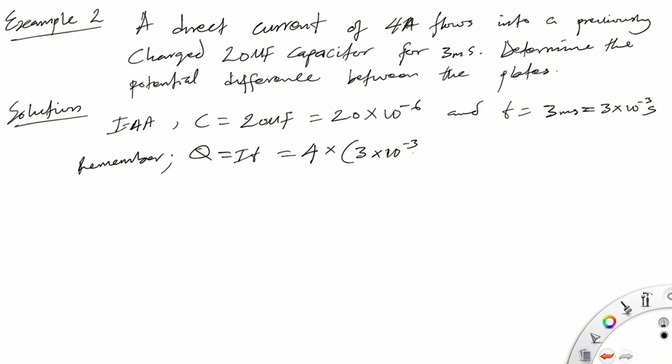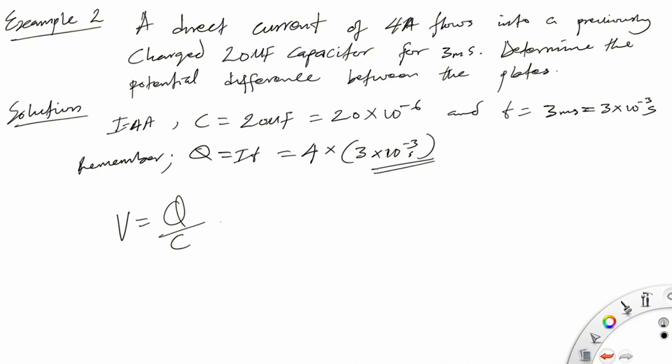Am I right? We were asked to determine the potential difference between the plates. So potential difference V is equal to Q over C, right? We have now gotten our Q, and we have our C there, that's the value of our capacitor that was charged.